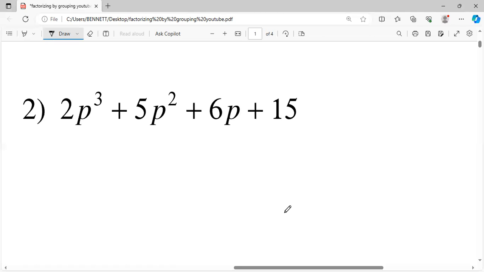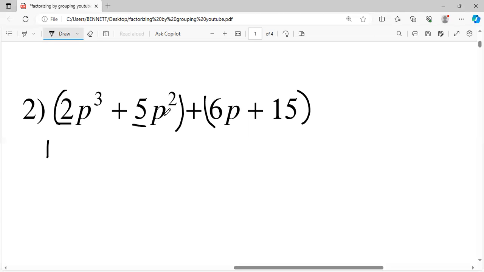Alright, let's go. Again, we're going to put them in pairs. So we have 2p^3 plus 5p^2 plus 6p plus 15. Again, we're going to take out the highest common factor. What is the highest number that can go into 2 and 5 without leaving a remainder? That would be 1. We don't necessarily have to put the 1, but I'm just going to put it today.